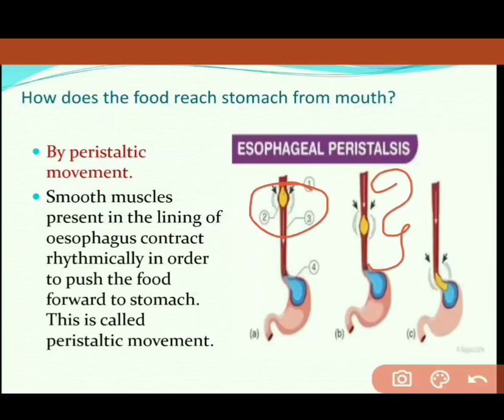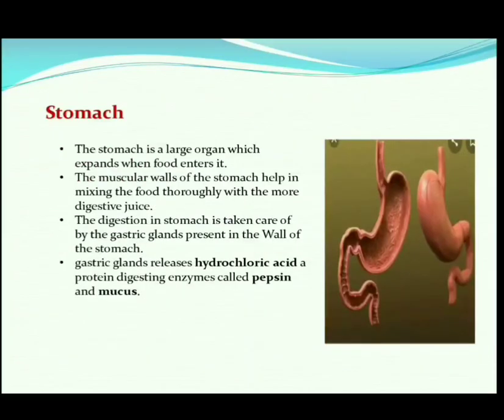This esophagus consists of smooth muscles, and they contract rhythmically in order to push the food forward to the stomach, and this movement is called peristaltic movement. So now the food has reached the stomach.